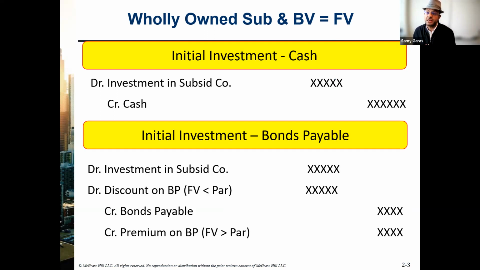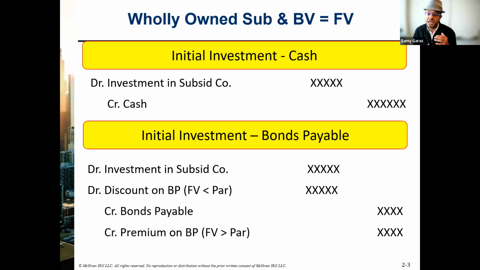The fair value of the bonds payable might be higher than the par value or lower. If the bonds payable has a higher fair value than par value, then we create a new account called premium that will take the difference between the fair value and the par value. But if it's lower, we create another account, we call it discount.